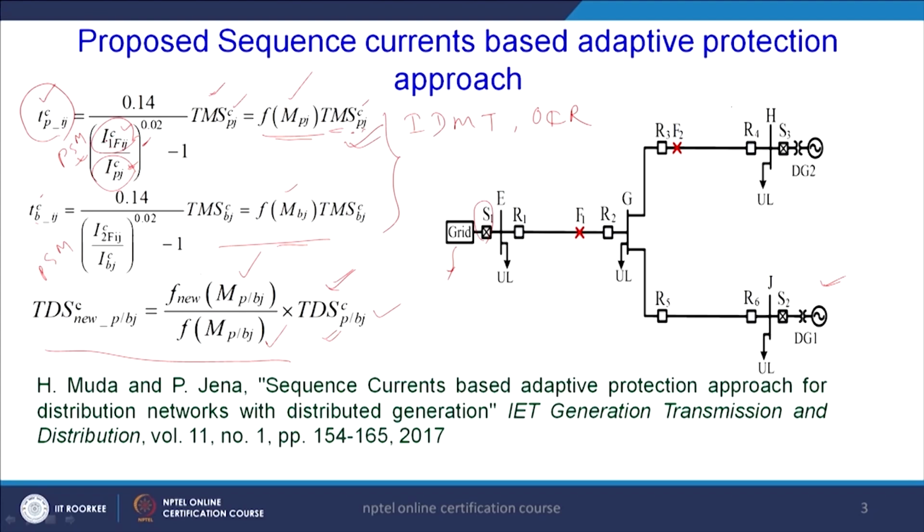This one stands for positive sequence fault current seen by the primary relay. However, in case of backup relay, we have taken I2Fijc, that is taken as the negative sequence fault current. So, the negative sequence fault current is used for the backup relay, and for the primary relay we have considered the positive sequence fault current.